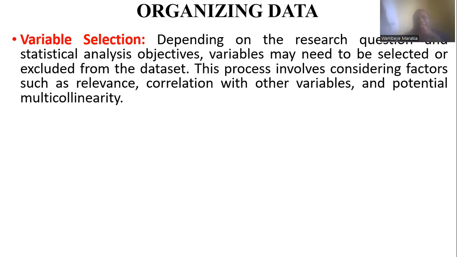We will come to multicollinearity when we'll be dealing with some of the statistical techniques or tests, such as multiple linear regression, because this one affects the data at that particular stage.